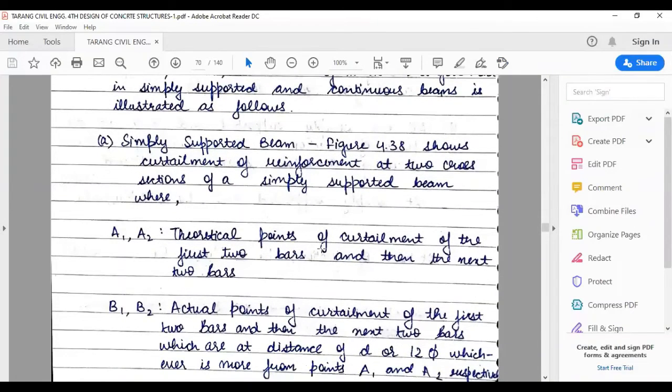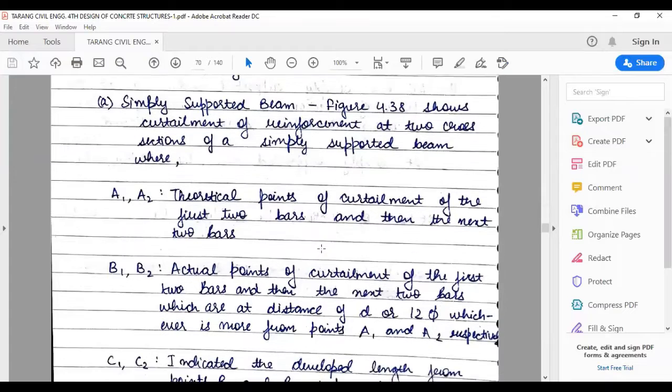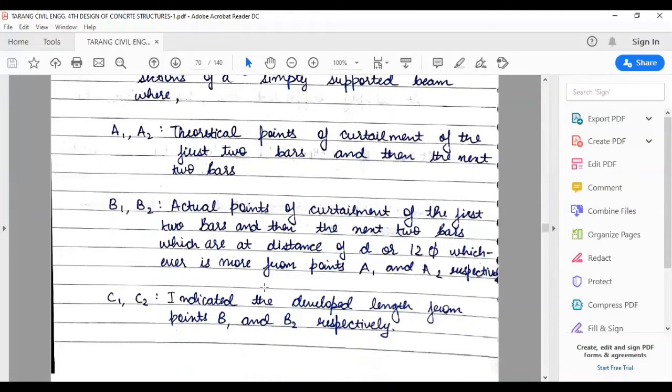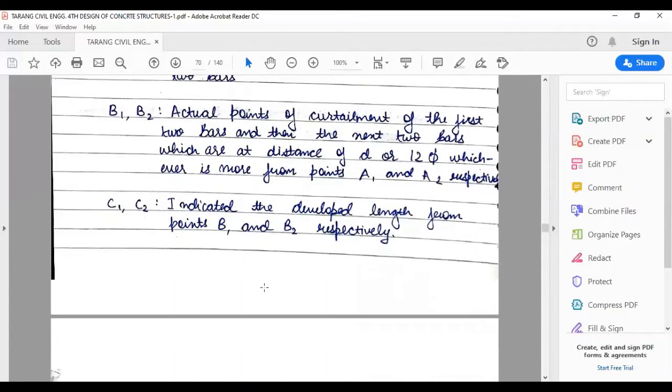A1, A2 are theoretical points of curtailment of the first two bars and then the next two bars. B1, B2 are actual points of curtailment of the first two bars and then the next two bars, which are at a distance of small d, or 12 times the dia, whichever is more, from point A1 and A2 respectively. C1, C2 indicate the development length from point B1 and B2 respectively.